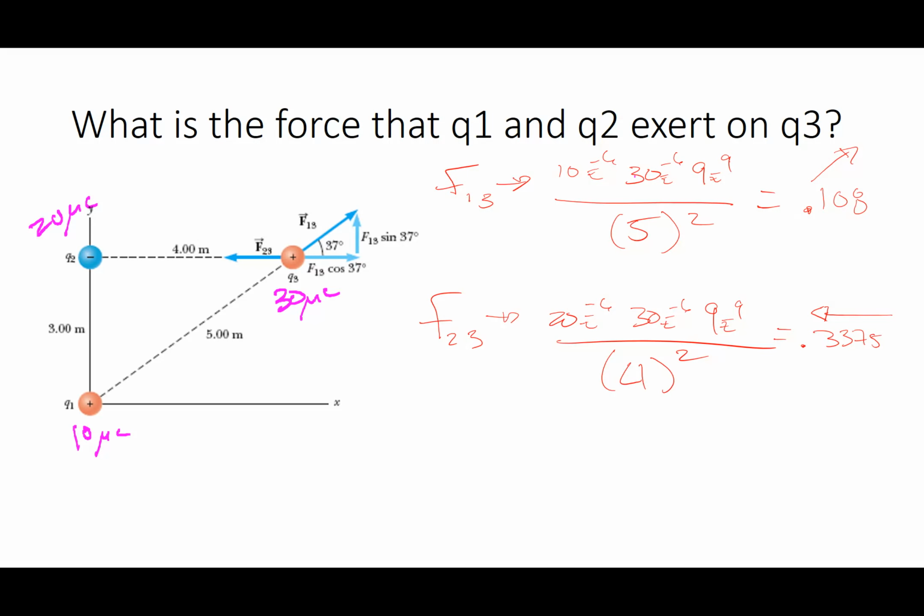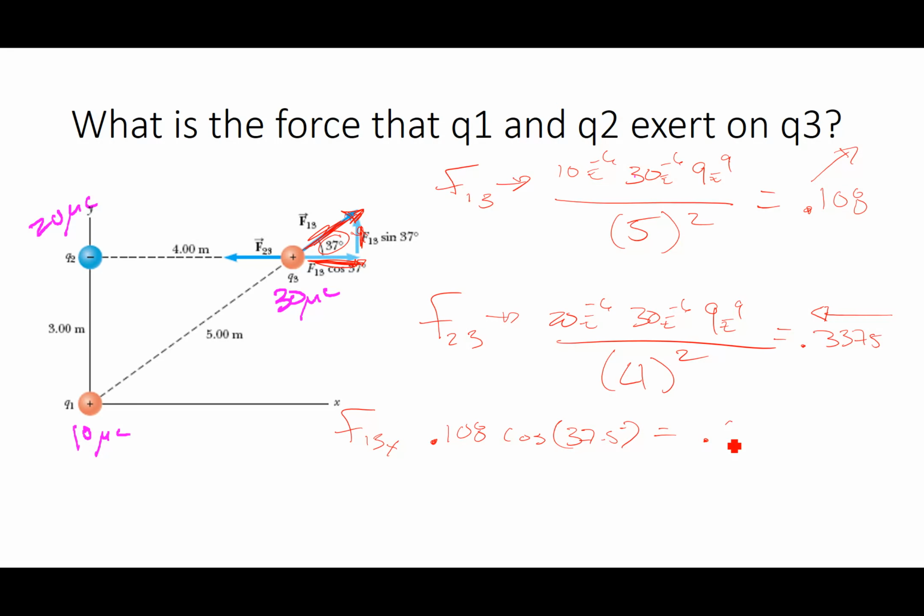Alright, so I have my two forces. I know how to do that. That was Coulomb's law. So now what I need to do is take this force here and break it up into its x components and y components. So if I know this angle is 37 degrees, I can say the force that 1 exerts on 3 in the x plane is equal to the value that I got, 0.108, times the cosine of 37.5.